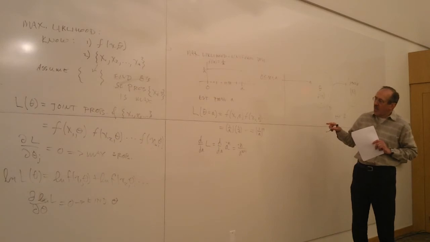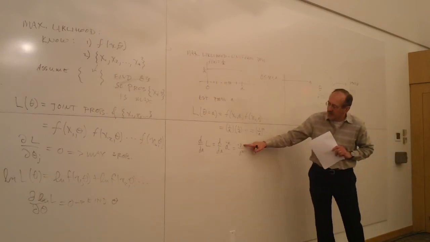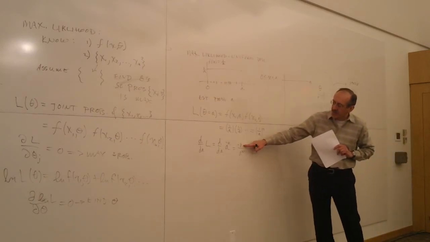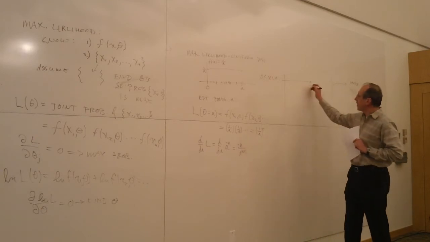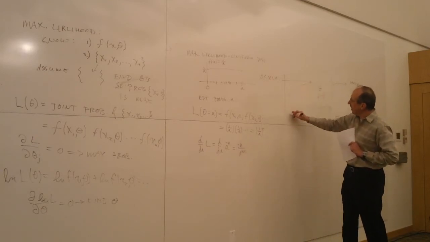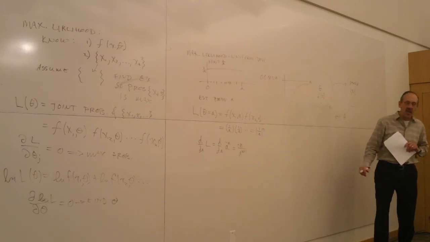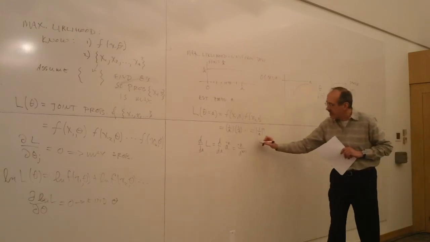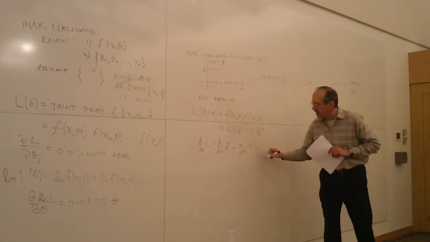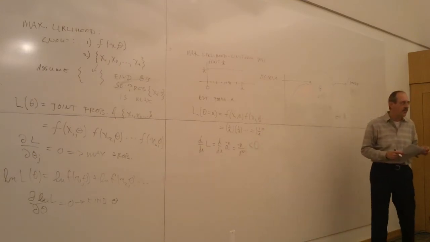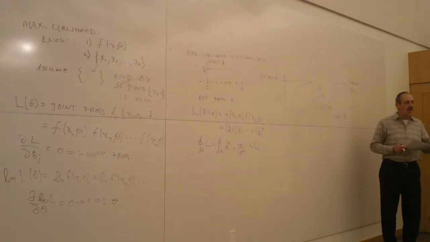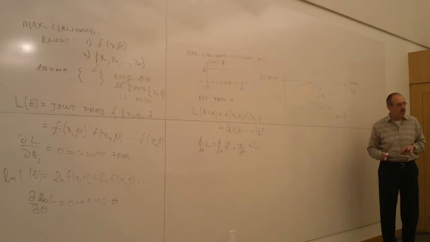And now we have it on the negative axis, and the n is just a scaling constant here. So this function is going to look something like this. At no point is this equal to 0. This expression is always less than 0. So I can't use the calculus-based maximum likelihood idea.